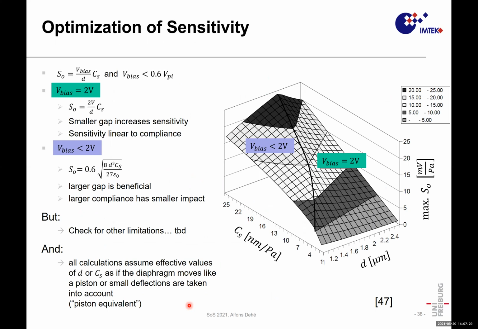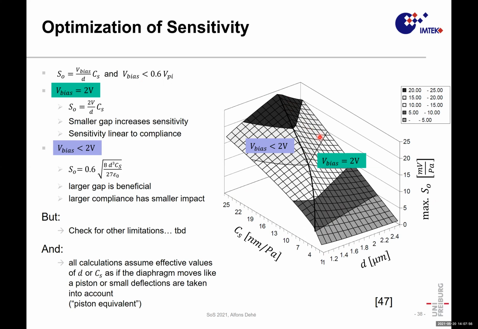You could keep the bias voltage constant, say 2 volts or so, and then you increase this green area, you increase the compliance of the diaphragm, try to achieve more sensitivity, but you have to respect that you never should do more than 60% of the pull-in voltage biasing, and then you can run up in the sensitivity.